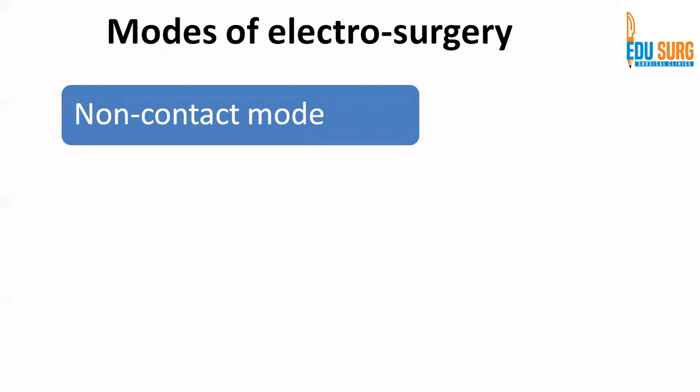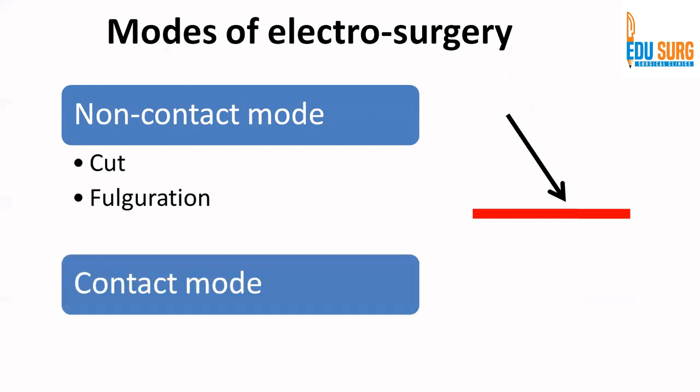So like I said, there are two ways in which electrosurgery can be used. One is a non-contact mode. So suppose this red line is the tissue. The cautery does not touch the tissue. Okay, it is around 1 to 2 mm away from the tissue. This is known as a non-contact mode. This is very important to understand that non-contact mode helps you in cut and fulguration.